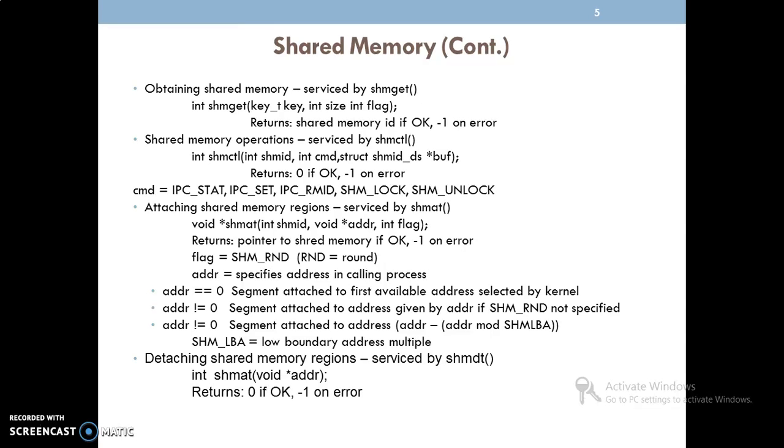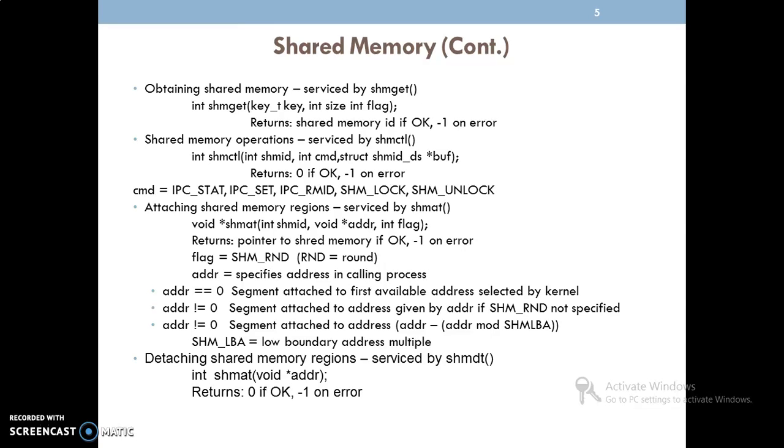And the second one, IPC_SET, sets some of the fields of the structure, like user ID, permission, and group ID. IPC_RMID is where we want to remove the shared memory segment from the system.